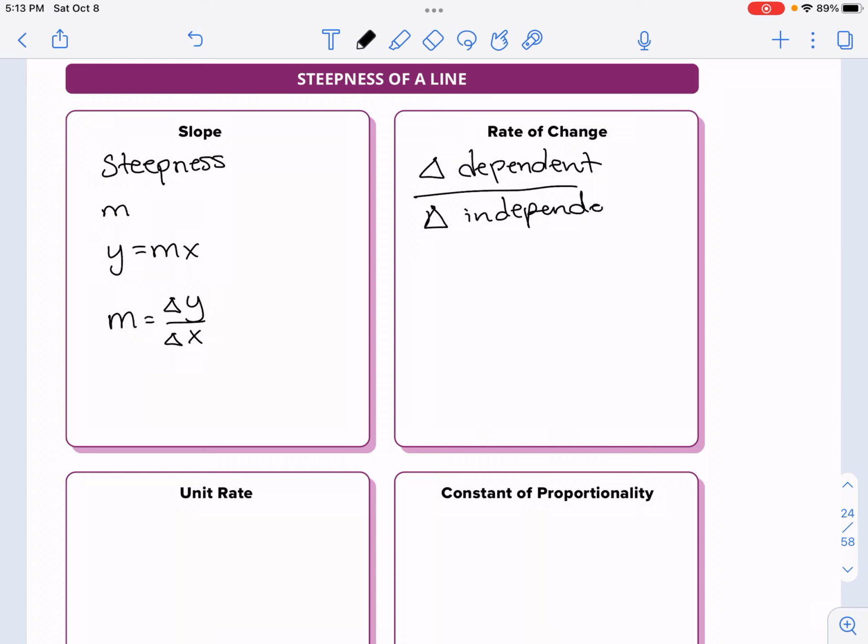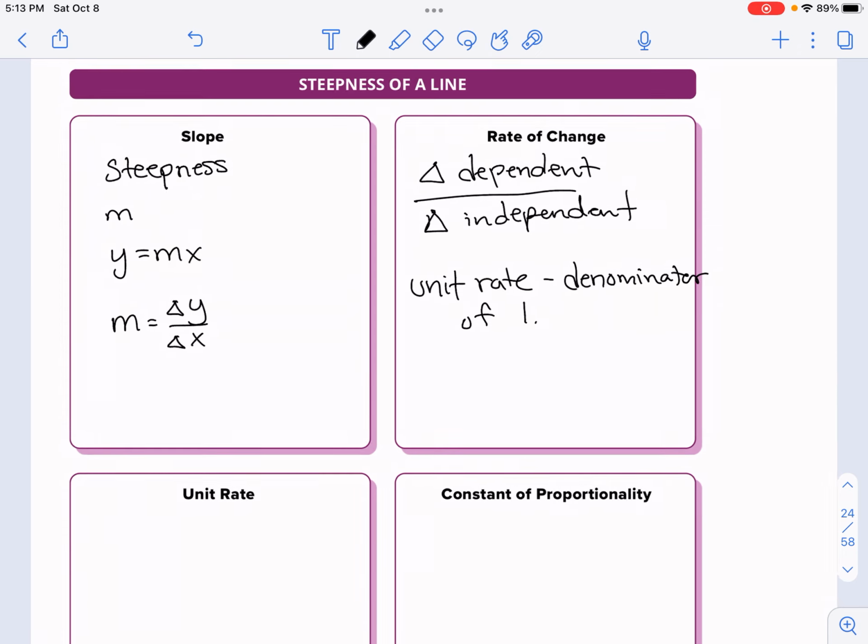This also talks about the unit rate. The unit rate is exactly the rate of change, with the exception of it has a denominator of 1. So what I mean by this is, let's say you go 60 miles in 2 hours. Well, the unit rate of that would be 30 miles per 1 hour.